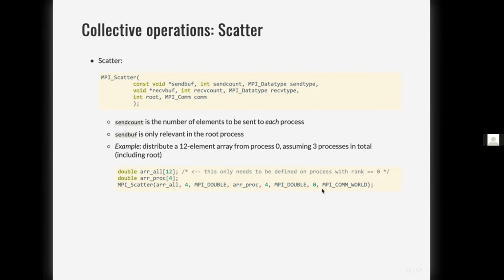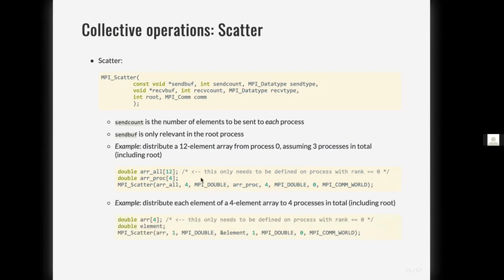Good, here's another example. Distribute each element of a 4-element array to 4 processes, okay? So now you have an array which has 4 elements, and we have 4 processes, and you want each process to just get 1 scalar variable. So the receive buffer needs to be a pointer, in this case, a pointer to a variable.